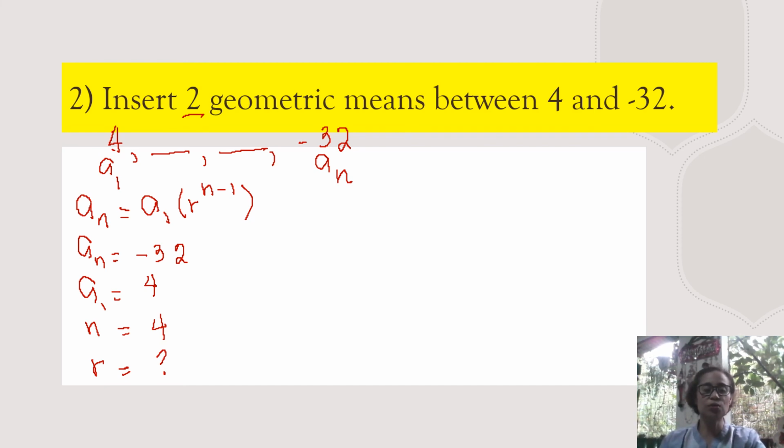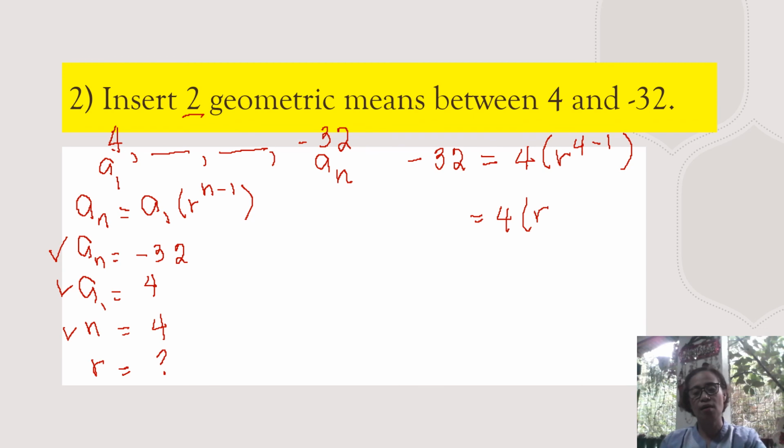So substituting to the formula, a sub n, negative 32, equals a sub 1, 4, times r raised to n, 4 minus 1. So we have 4r raised to 3. This is negative 32.